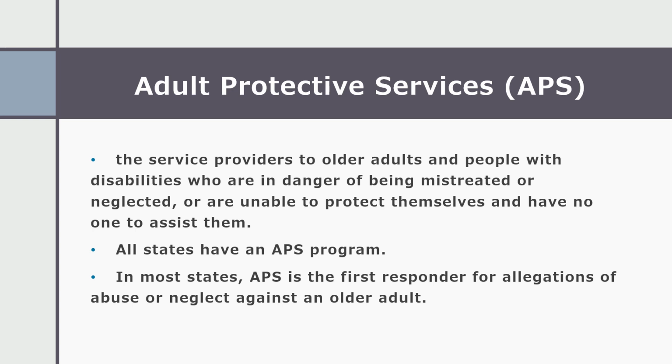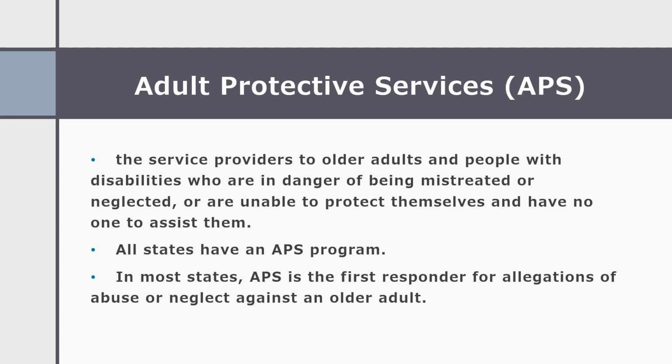However, I have linked the APS website for Georgia into this week's folio readings, and you will see that they are very explicitly and meaningfully telling people we are not first responders. If you fear that an older adult is being abused or neglected, you need to call 911 first. APS has evolved over the years, especially in the state of Georgia.